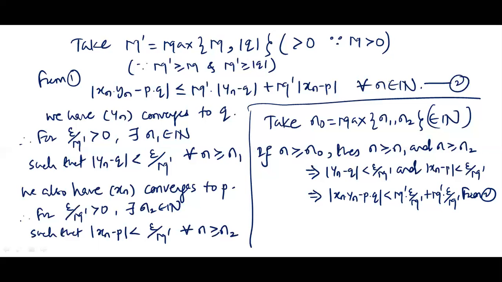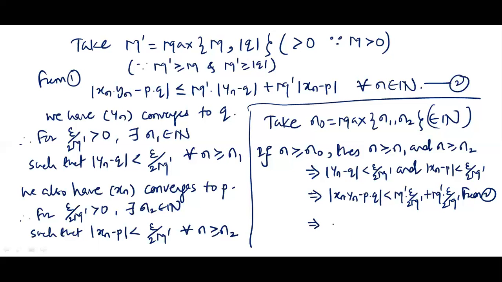So here we have to do one adjustment again. Instead of epsilon by m dash, we can take here epsilon by 2 m dash. We can take this also, no problem.